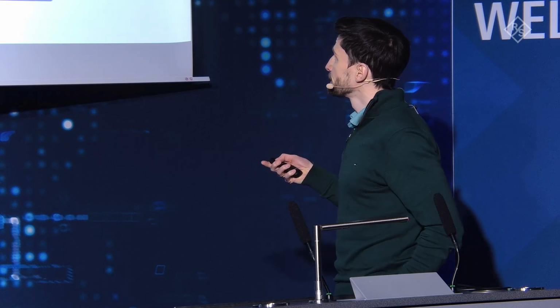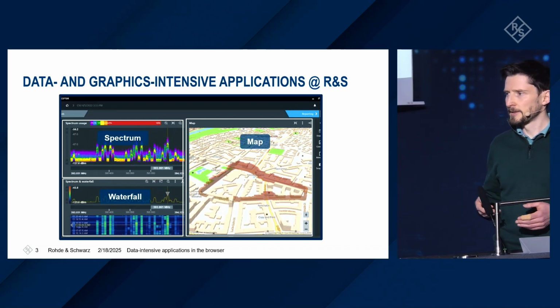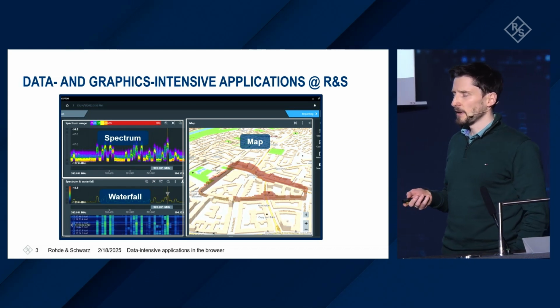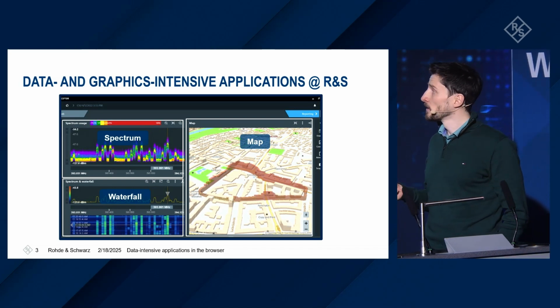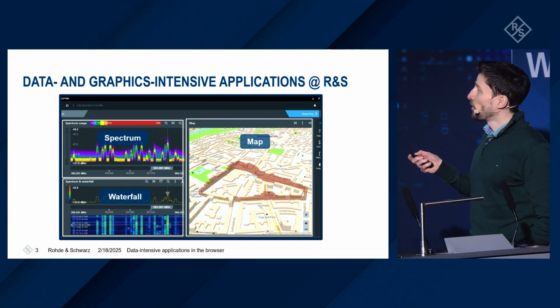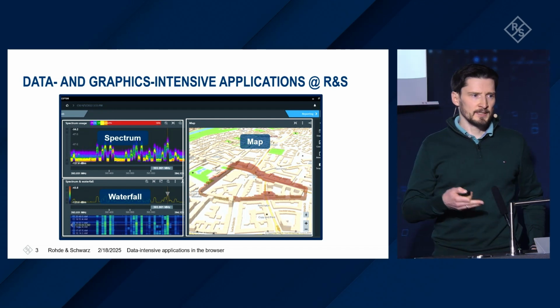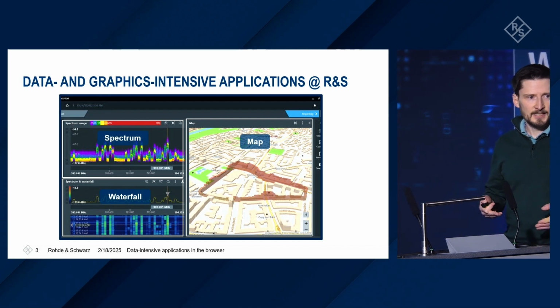For example, if we're talking about the map display, there we basically want to display the full planet data set of OpenStreetMap. Then, as a second aspect, we have a high velocity in the data. So the data are changing very frequently when we are talking about the spectrum or waterfall display. And the third aspect is that this processing and visualization has to happen very quickly. So in the best case, like I said, in real time.